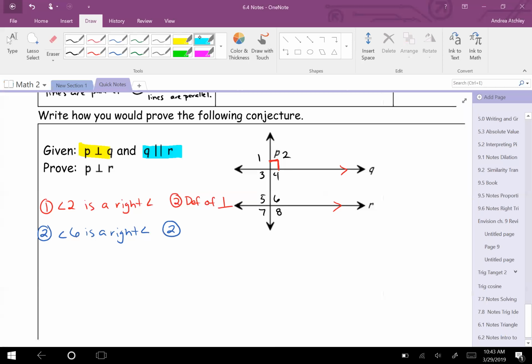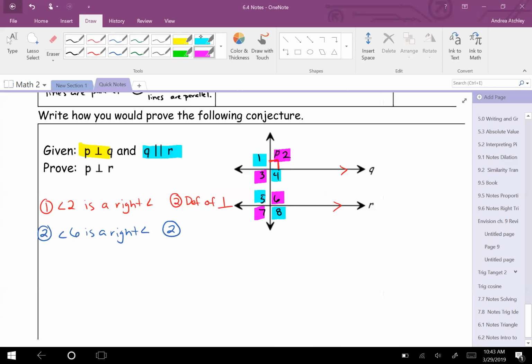But what type of angles are 2 and 6? How are they related to each other in parallel lines is what I'm talking about. They are both right angles, I just said that. But how are 2 and 6 related because they're parallel lines? They're corresponding.